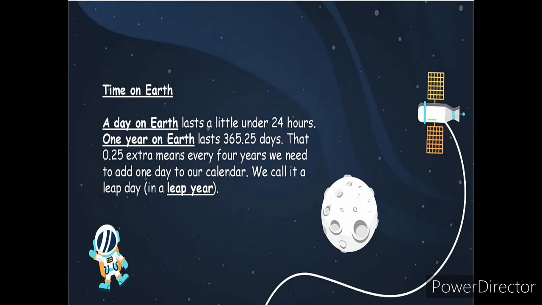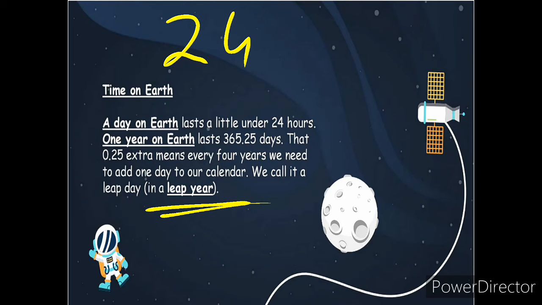Okay, next, time on Earth, everyone knows it. A day on Earth has 24 hours. 1 year on Earth has 365.25 days. That 0.25 extra means every 4 years we need to add 1 day to our calendar. We call that 1 day the leap year.